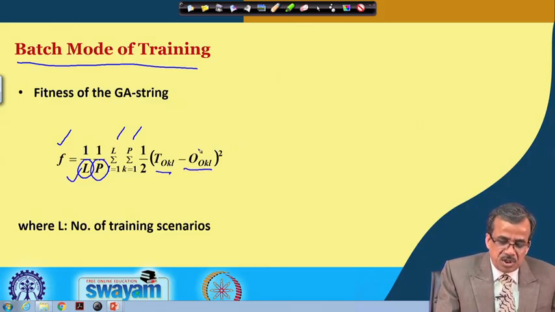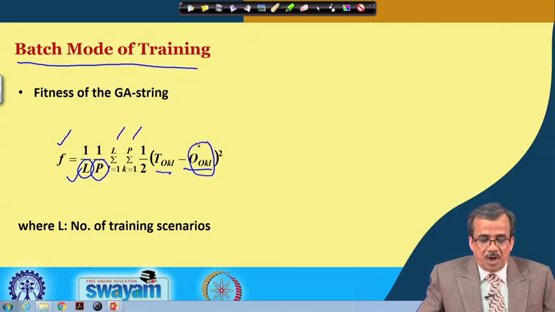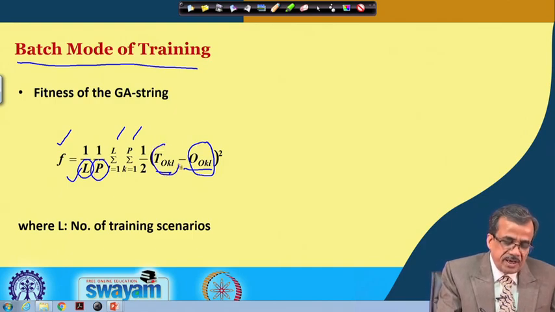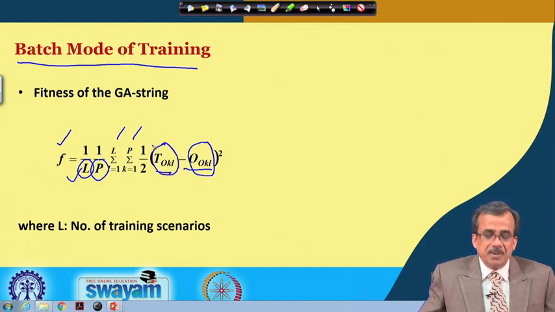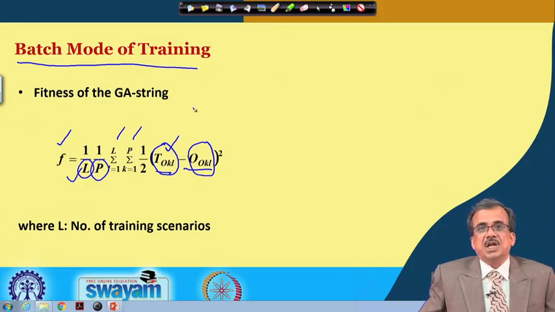Here, O_OkL is the output of the kth neuron lying on the output layer corresponding to the Lth training scenario. Similarly, T_OkL is the target output of the kth neuron lying on the output layer corresponding to the Lth training scenario.